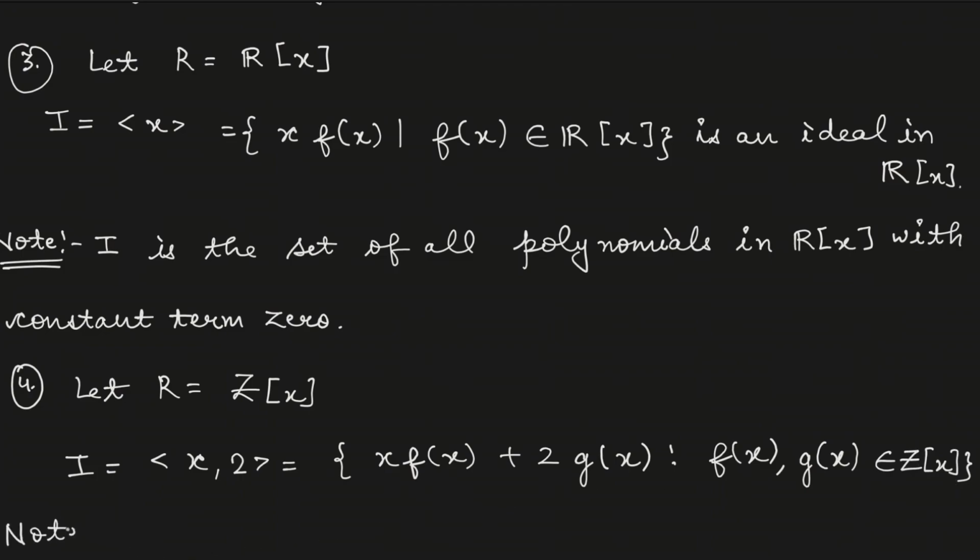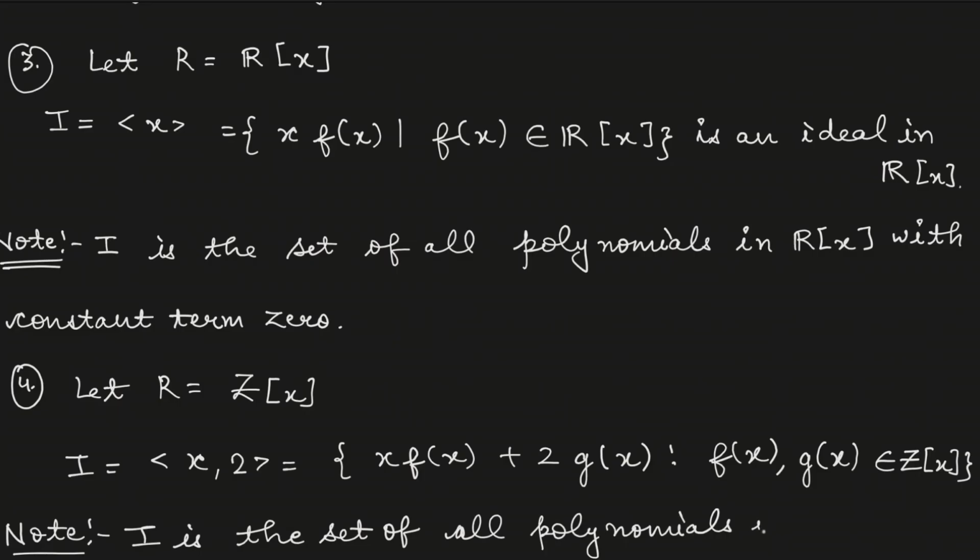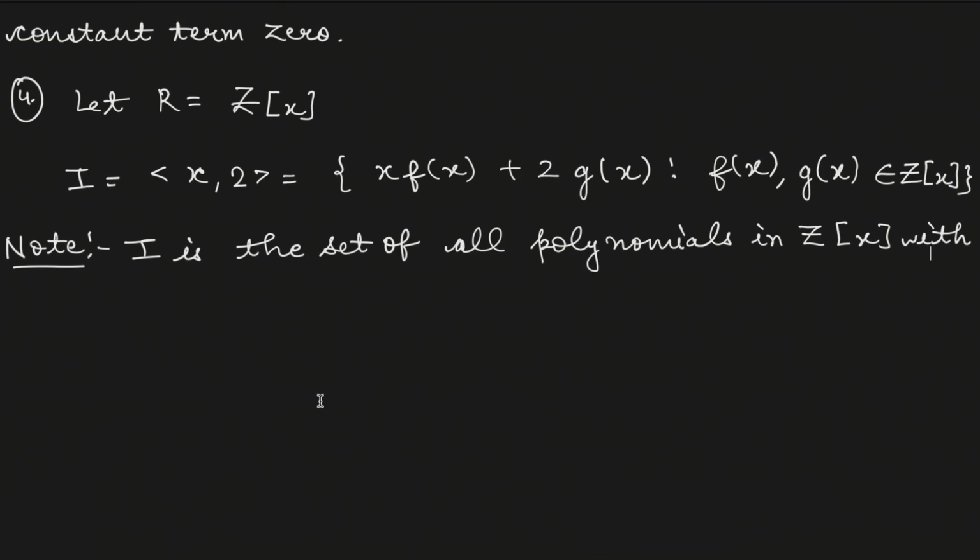Note, I is the set of all polynomials in Z[x] with constant term even.